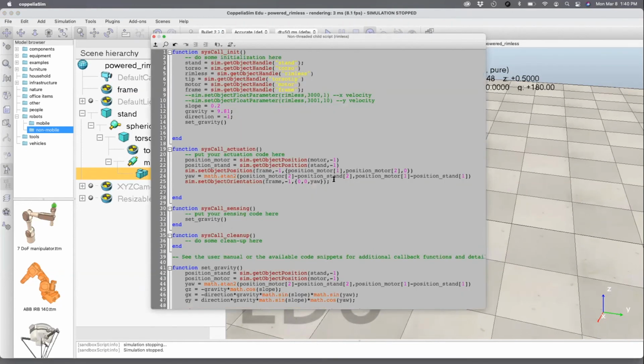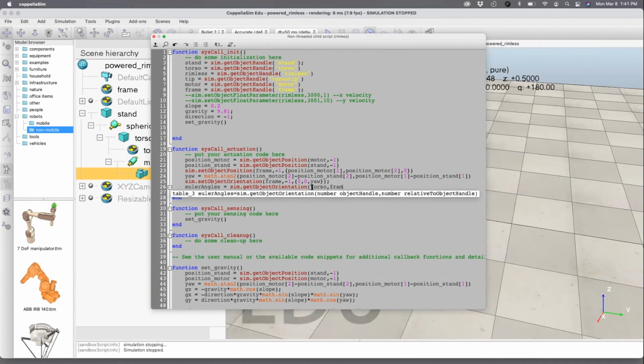For that, we need to use the command called sim.getObjectOrientation, which outputs the Euler angles. So let me just get the Euler angles. The inputs to the function, which are also in the manual, are the object whose orientation you need to find, in this case the torso, and then the frame with respect to which you want to find it.